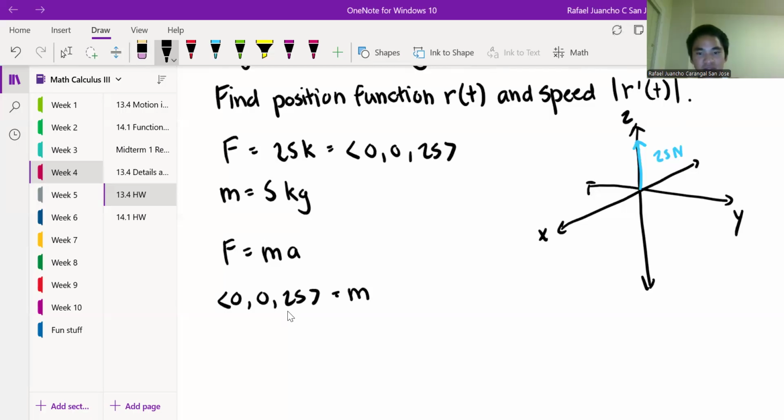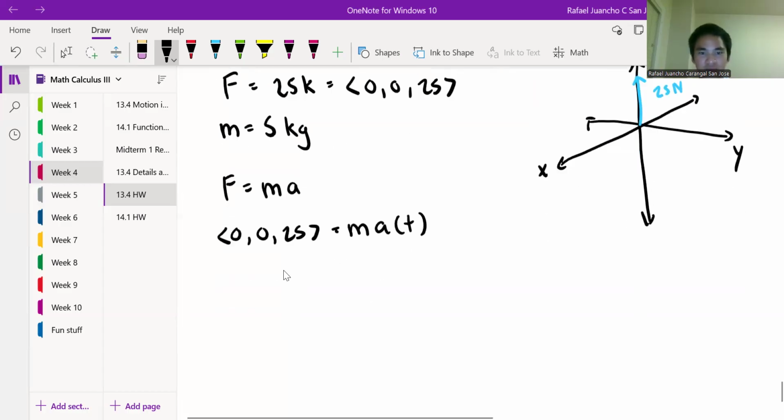And we also know acceleration is some vector here. So let's just say that this is a of t, where it's a vector.